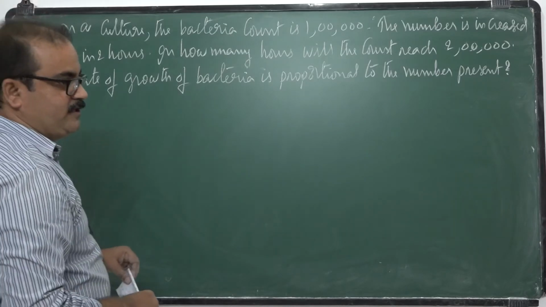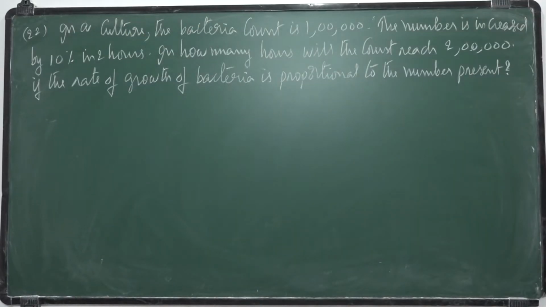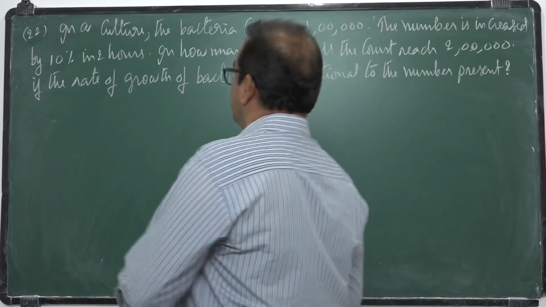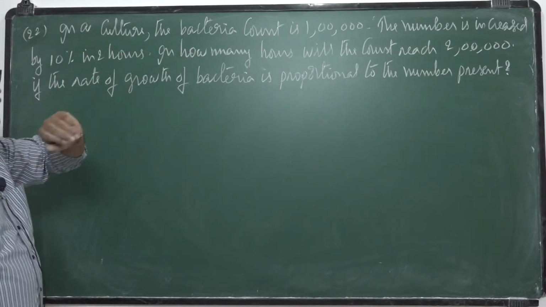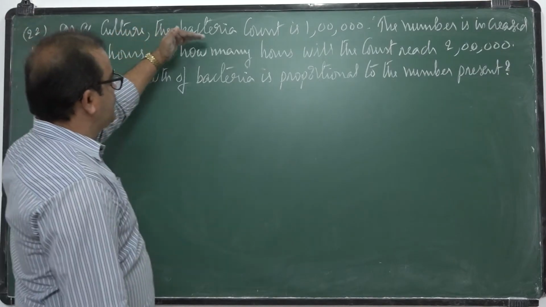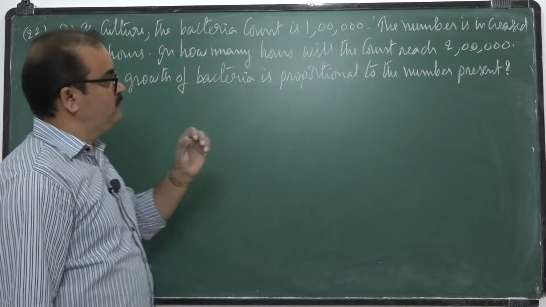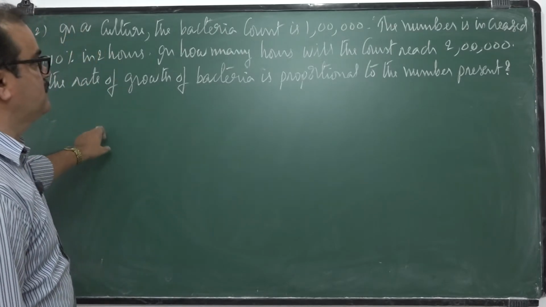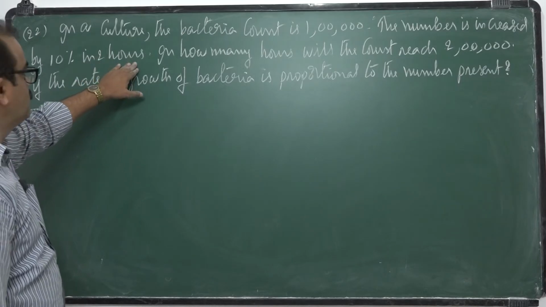All of you read the problem once. See here, I am explaining the problem clearly. In a culture, that means in a blood report, bacteria count is 1 lakh. The number is increased by 10% in 2 hours.